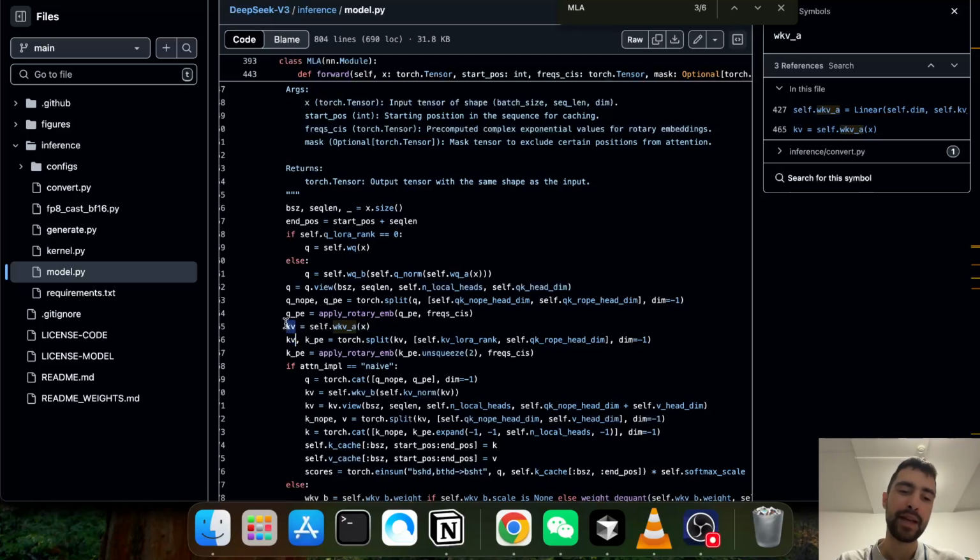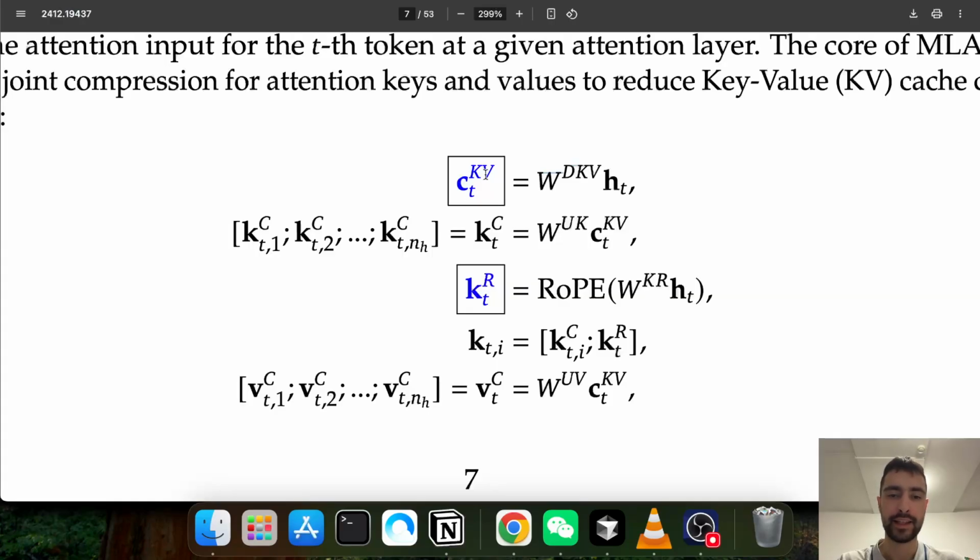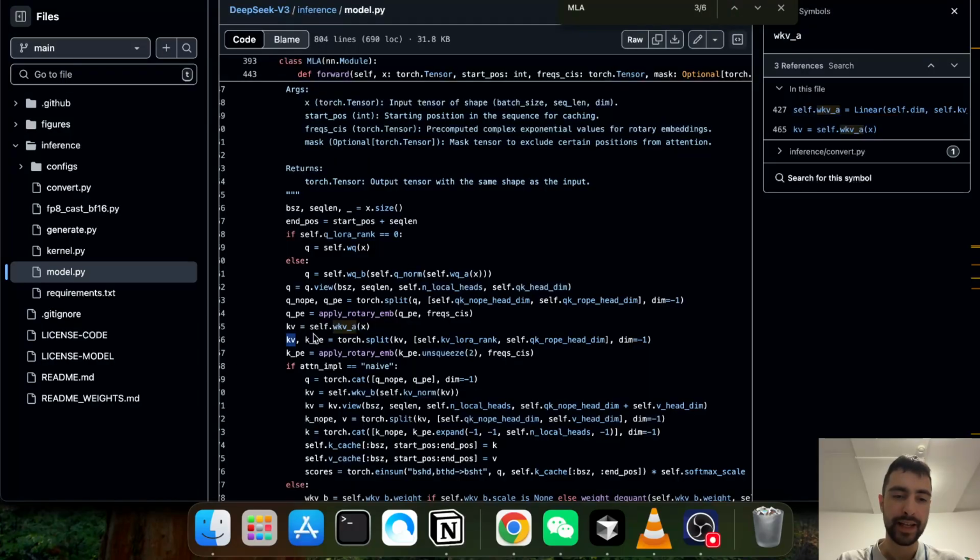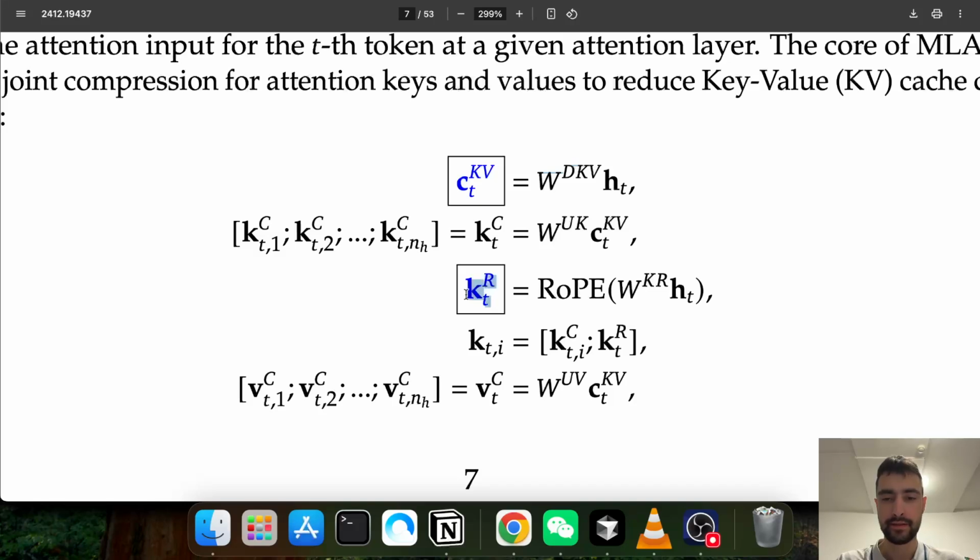So this is maybe a bad annotation because this is actual KV. So this is the latent space. This is this latent space. And we will also get the key positional embedding. So the head, we will get this guy.